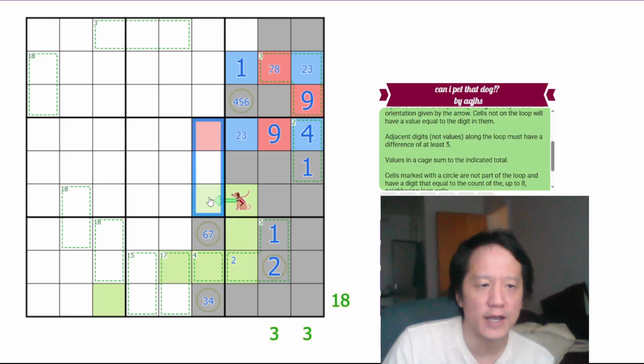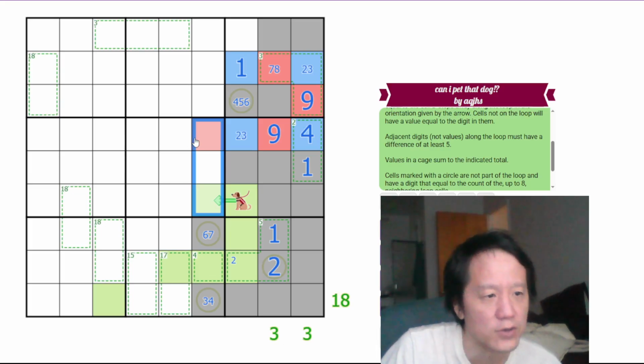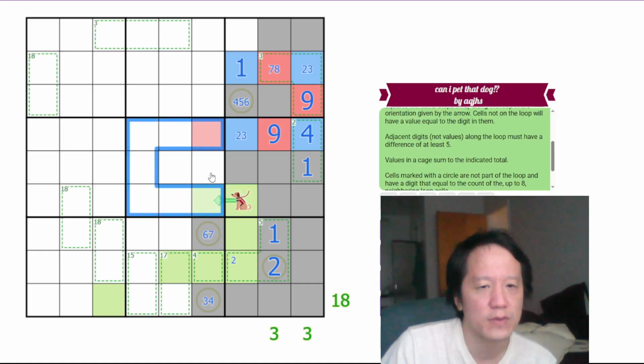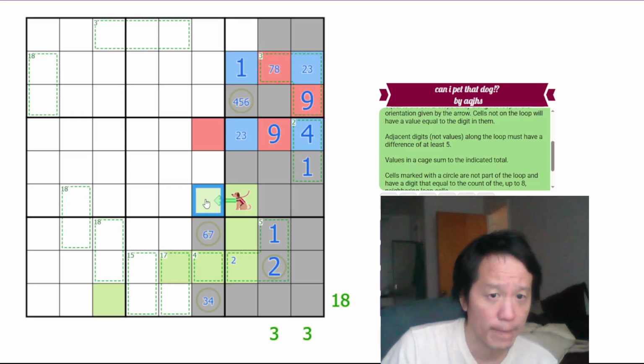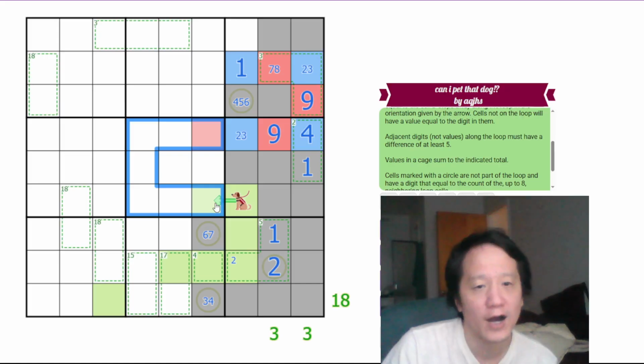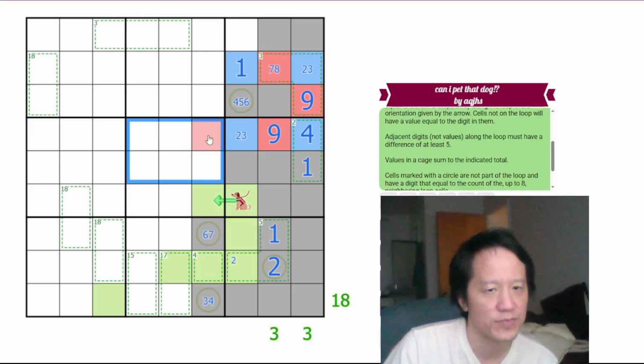Anytime you have a loop and you alternate between sets, you always know the set, no matter how the loop works, as long as it's orthogonally connected, it always has to go to the same set. So this would go high, low, high. So this would always have to be a high digit, no matter what, right? Because if it goes low, high, low, high, low, high, it would go that way. And this is for any orthogonally connected loop, even if it touches itself.